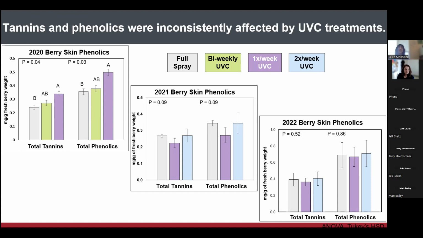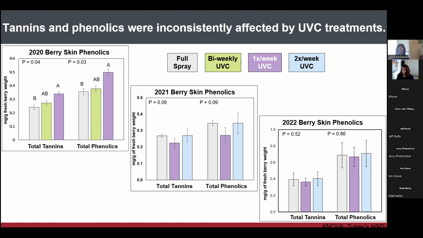The letters indicate treatment differences, and we only saw treatment differences in 2020. The UVC light 1 time per week did increase tannins and phenolics compared to the full spray control, but that trend was not seen in 2021 and 2022. So these inconsistent effects led us to believe that pre-harvest UVC light does not influence tannins and phenolics any more than a current pest management program, your synthetic fungicides, would do.